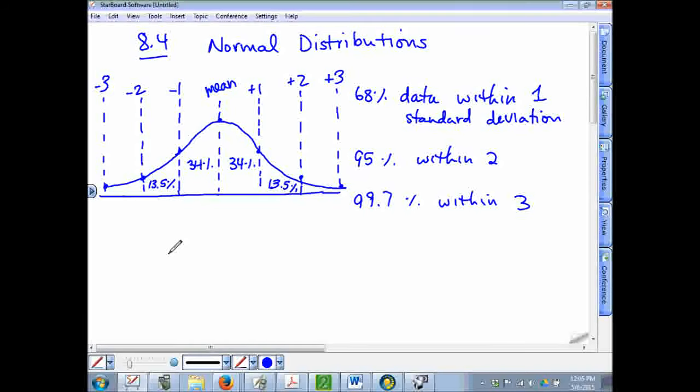If you add 27 to the 68, so I've got the 68, and if I add another 27, what do I get? 95. So right now I've got 95% of the data within two standard deviations. To get to this, 99.7, we don't need much more. So this right here is 2.35%. And this little guy right down here, that's also 2.35%.